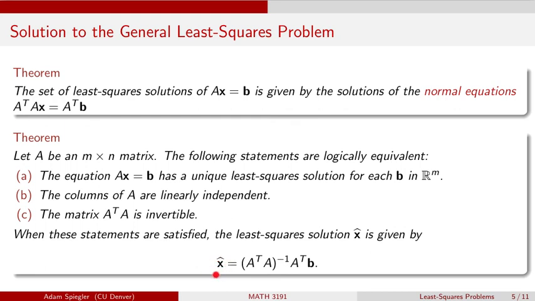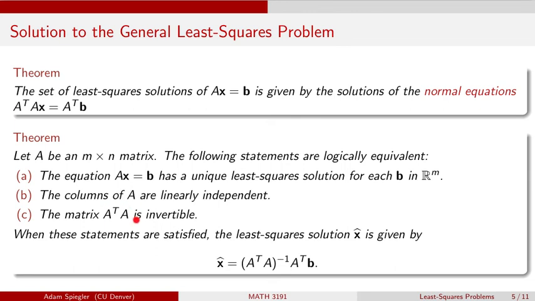And again, in the case of regression analysis, these are actually our beta coefficients. So when we can find the inverse of A transpose A, then we can solve for X by finding this product, A transpose A inverse times A transpose times B. So we're just multiplying both sides of these normal equations by the inverse of A transpose A.